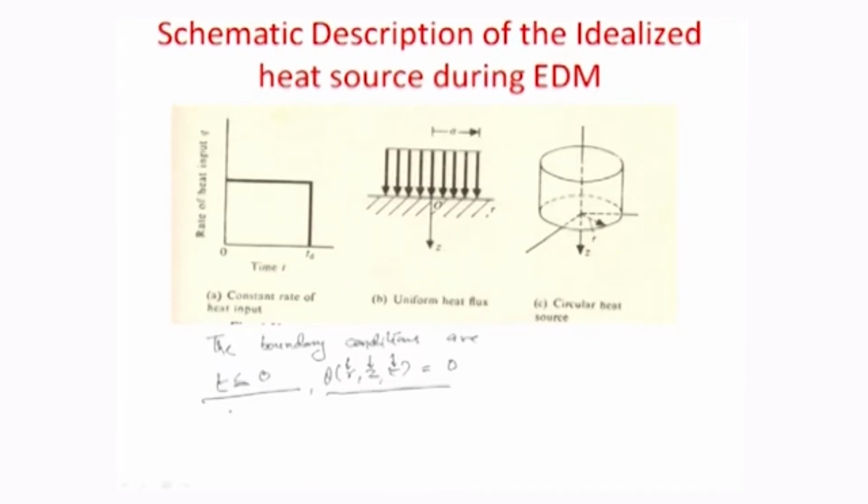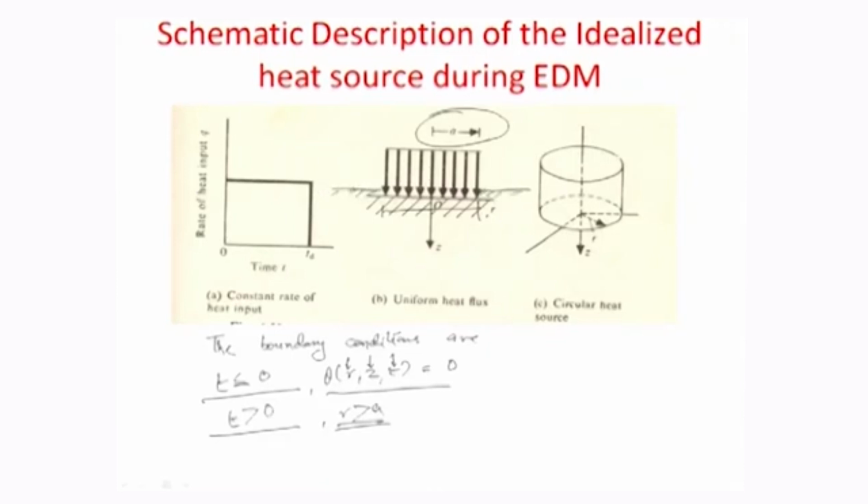We then assume that at time t greater than 0, as the process has started, for any r which is greater than a, being the total radius of the spark, as you can see here, this is the zone which is heat affected. You assume this other to be fully insulated region. Okay.